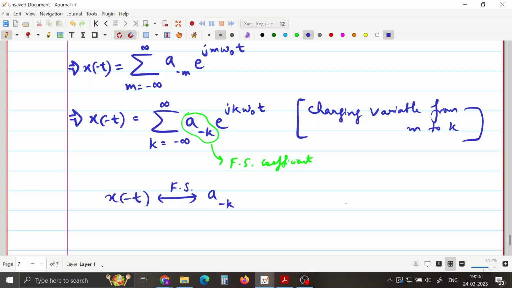Okay, so the property that you verified here is that if x of t has Fourier series coefficient ak, then x of minus t, which is the time reversed version of x of t, will have Fourier series coefficient a minus k.